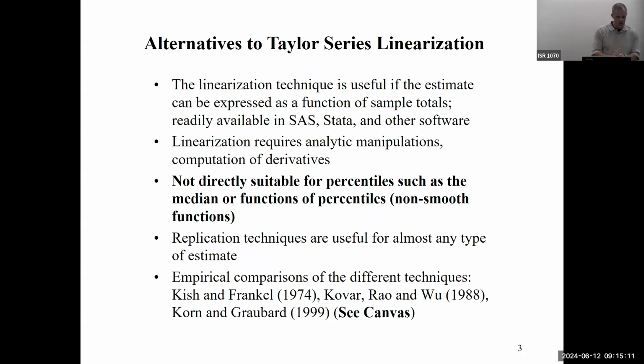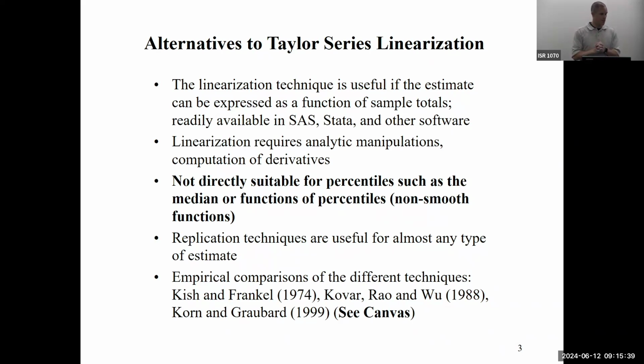But the whole notion of Taylor series linearization requires those analytic manipulations and calculation of derivatives. So remember, we needed a smooth function of the data to begin with. That estimate needed to be a smooth function of the observed data, allowing us to take derivatives in the first place. Linearization is not directly suitable for non-smooth functions of the observed data, such as percentiles.